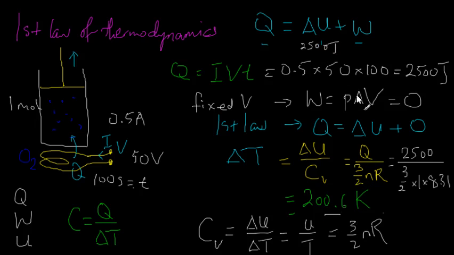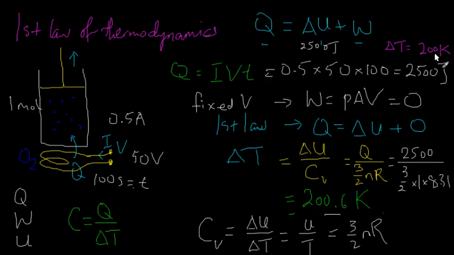So for this problem, this is 2500 joules. That's my temperature increase. Let me write this out as well. My temperature increase is 200.6 Kelvin. Okay. Now to just make it easier, I'm just going to take it to be 200 Kelvin.